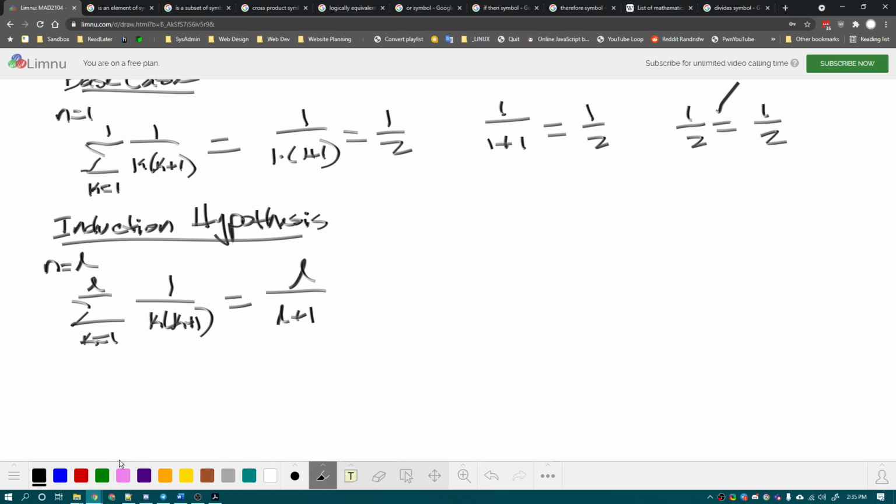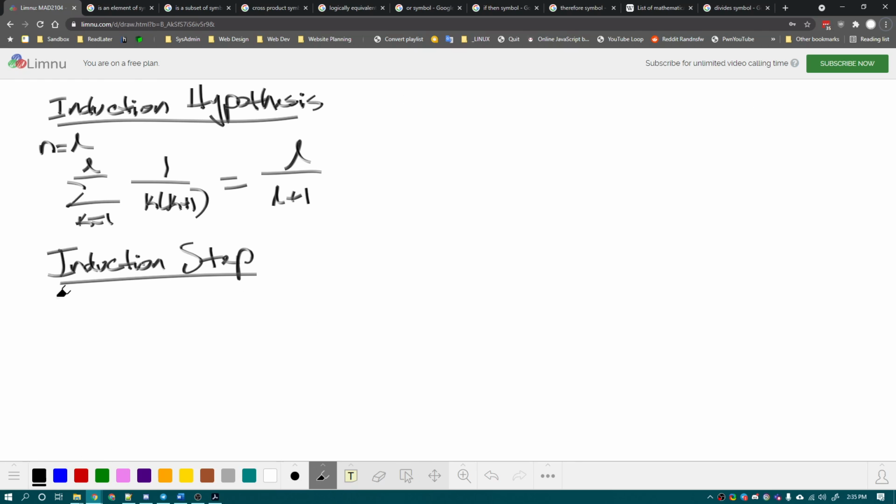Okay, so now we do our induction step. This is setting n equal to L plus 1. So I'm just going to take the same summation that we have. I know that's going from 1 to L. So that's the summation from k equals 1 to L of 1 over k times k plus 1.